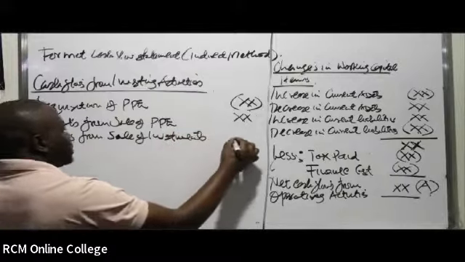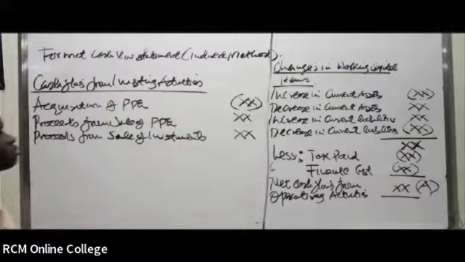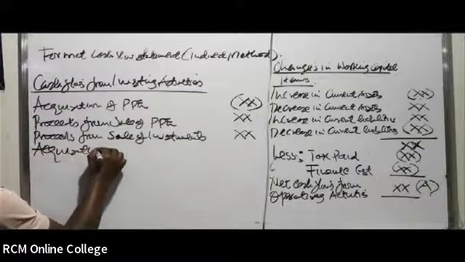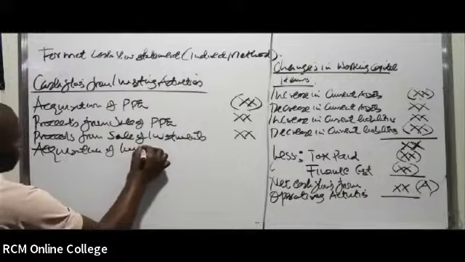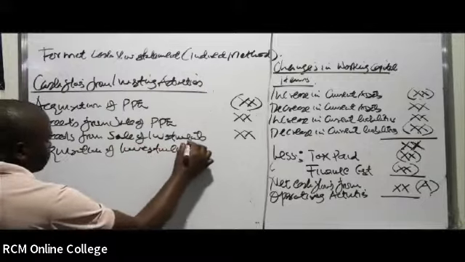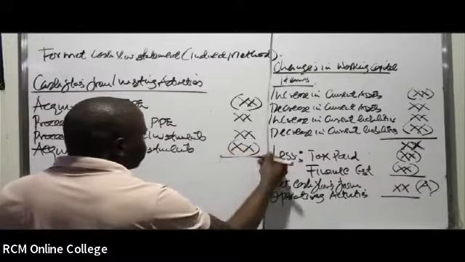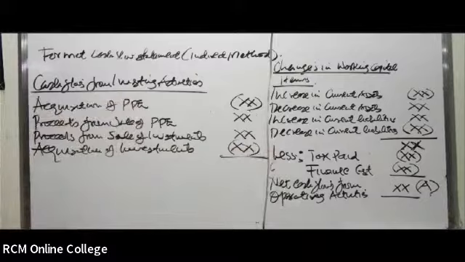Proceeds from sale of investments, that is an inflow. Maybe in this case, it can be acquisition of investments. That is an outflow. You deduct. So majorly that is what normally happens there.